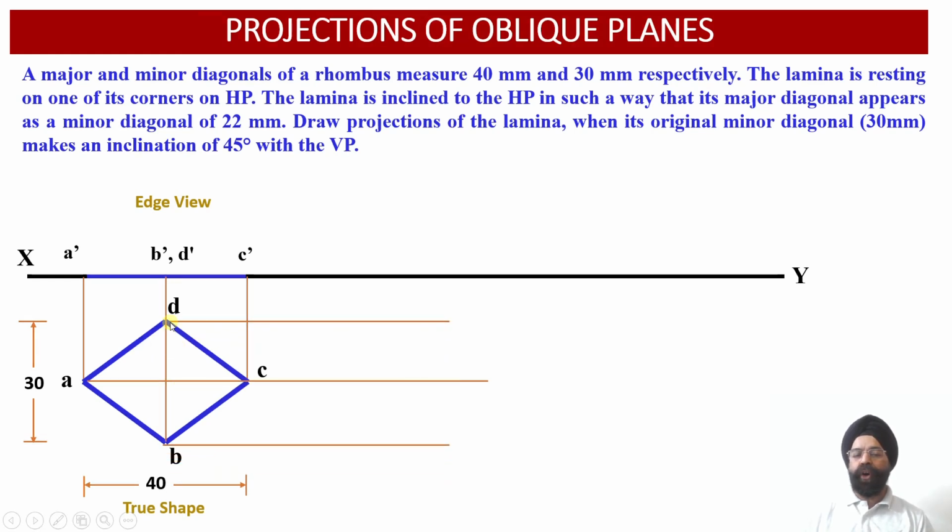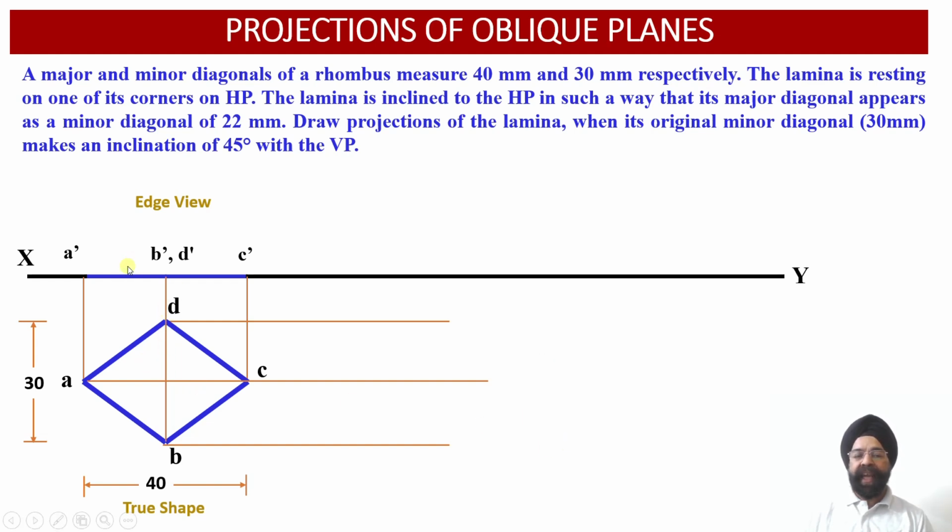So now we have to draw the projections of the top view first, and correspondingly in the front view orientation we will be able to obtain the angle of inclination of the surface of the lamina with respect to the horizontal plane or with respect to the ground.